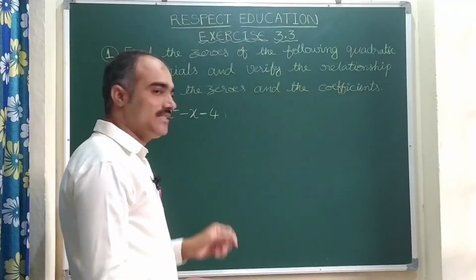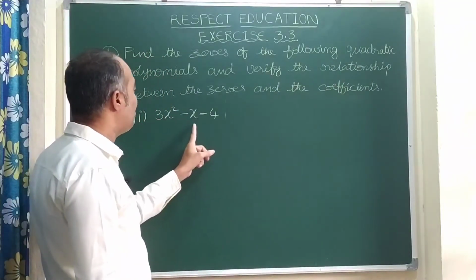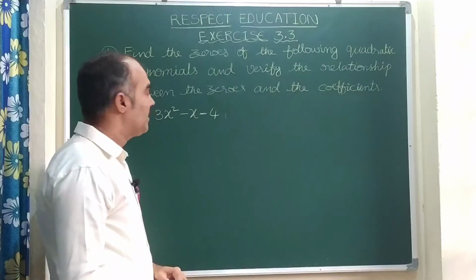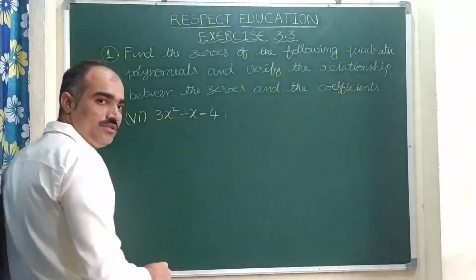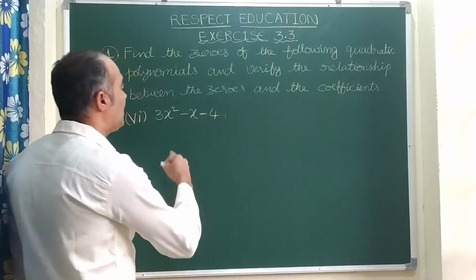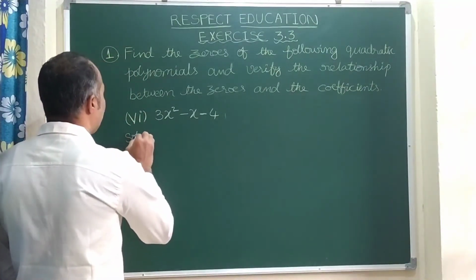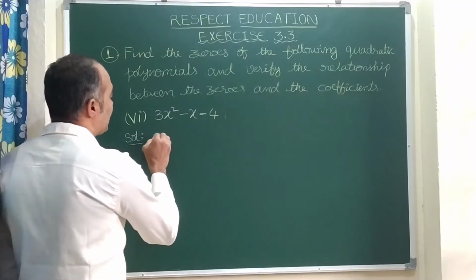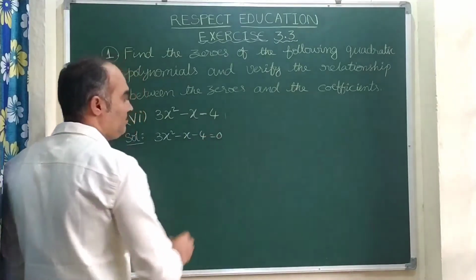With this fifth bit gets completed. First problem, sixth bit. Here the given polynomial is 3x square minus x minus 4. As we need to find its zeros, we can make it equal to 0. So let us take 3x square minus x minus 4 equal to 0.